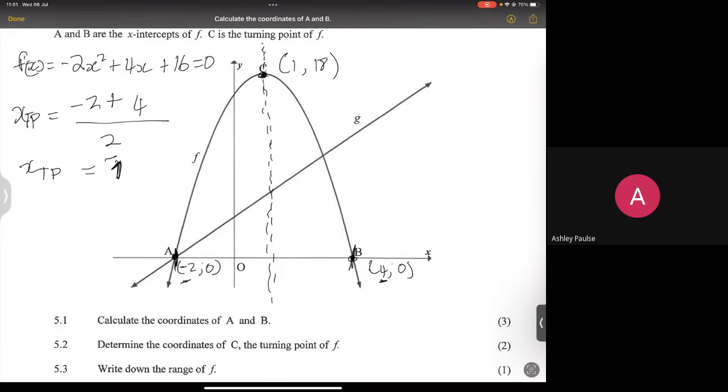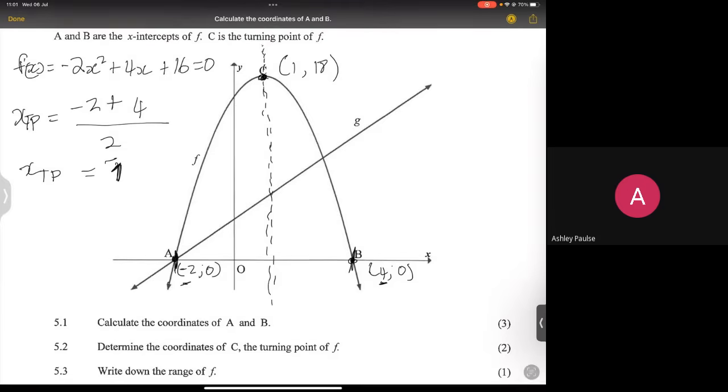Now remember, they say find the range of f. What is the range? It's where the graph exists in the y's, right? The parabola would continue and continue all the way down to negative infinity, right? But if you go up from negative infinity, what's the maximum point that it would reach?